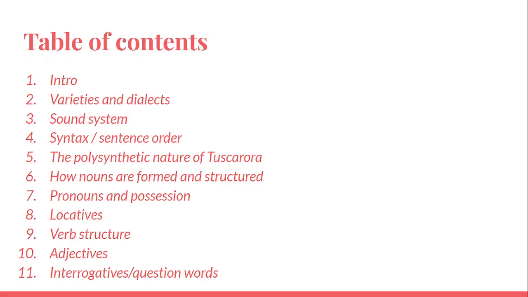And then we'll also talk about how nouns are formed and structured as well. And then we're also going to be talking about pronouns and possession, which work on an alienability-based system. And then we're going to talk about locatives, verb structure, adjectives, and then interrogatives or question words after that.